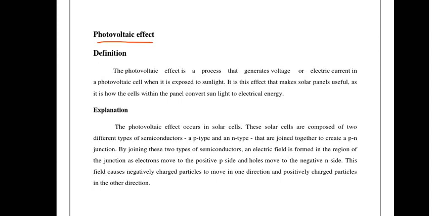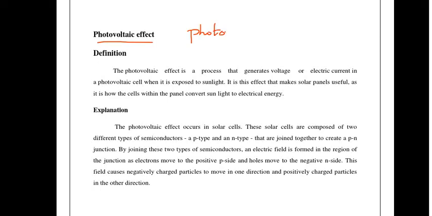From the name itself, you can say that when the light photons interact with the semiconducting material, it will generate voltage because of the potential difference generated there. This photovoltaic effect is used in photovoltaic cells, which are the cells used in the solar panel; solar cells are otherwise called photovoltaic cells.